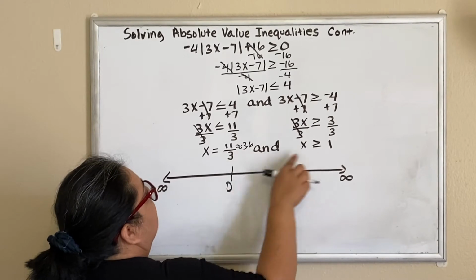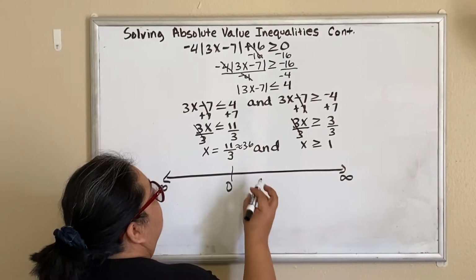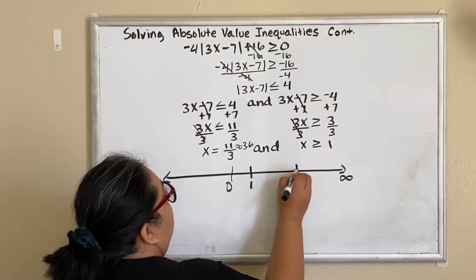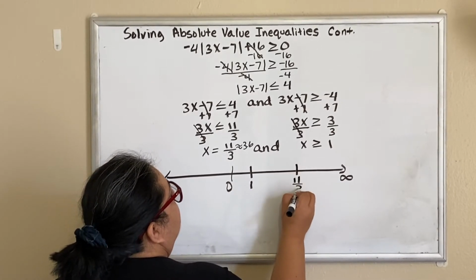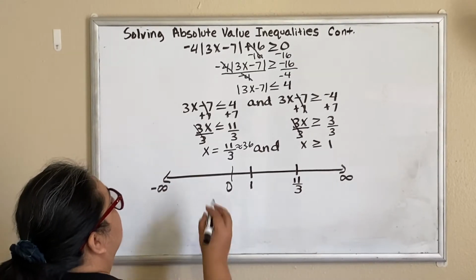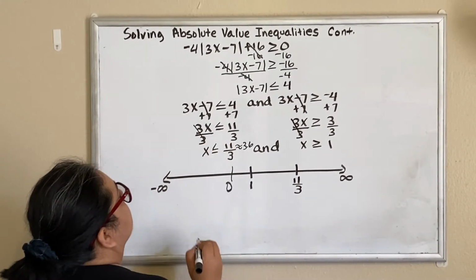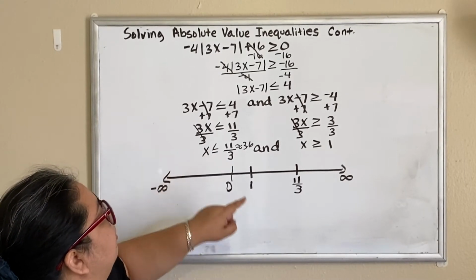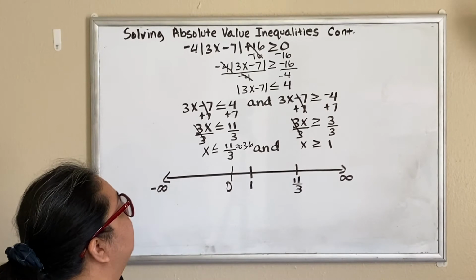So this is bigger than 1. So we're going to mark 1 on the number line right here, and we're going to mark 11 over 3 a little bit further down. Okay, and this should be less than or equal to. I apologize for that. I accidentally put equal, so it's less than or equal to, and that is greater than or equal to.